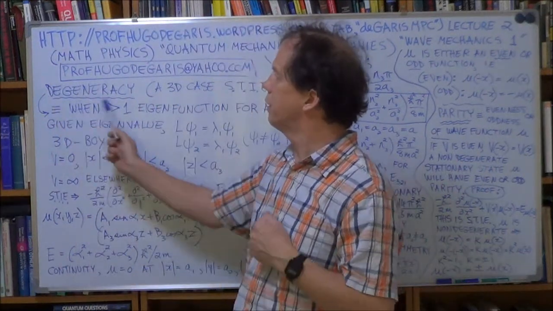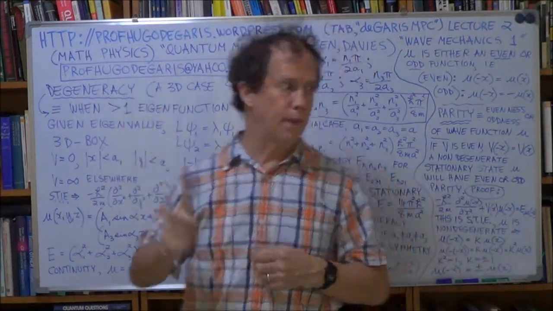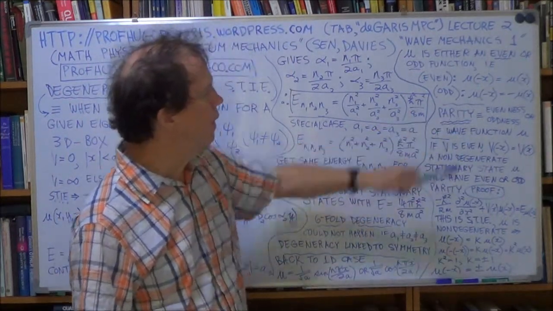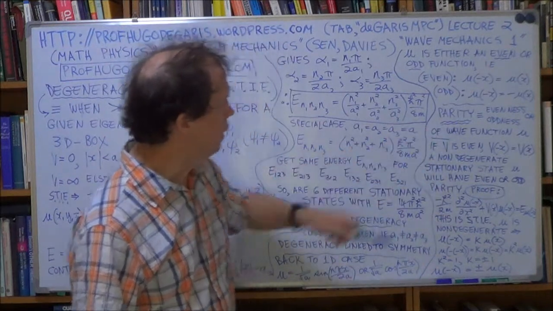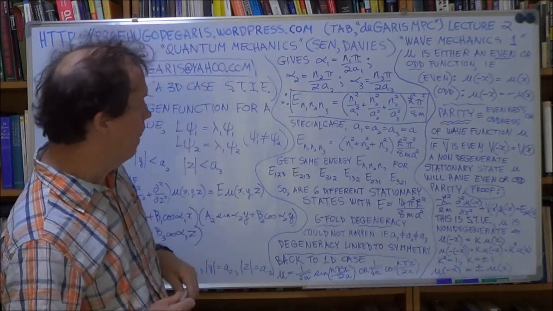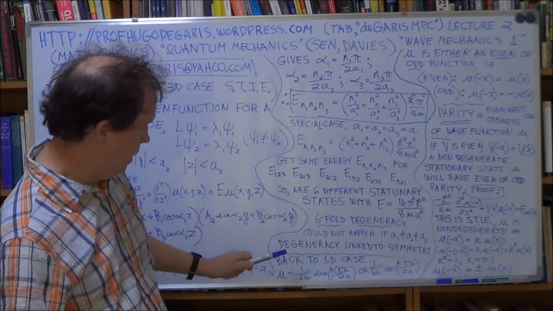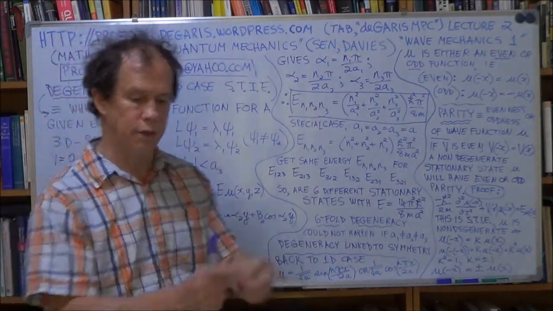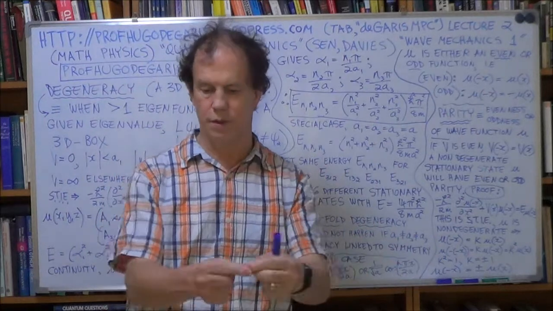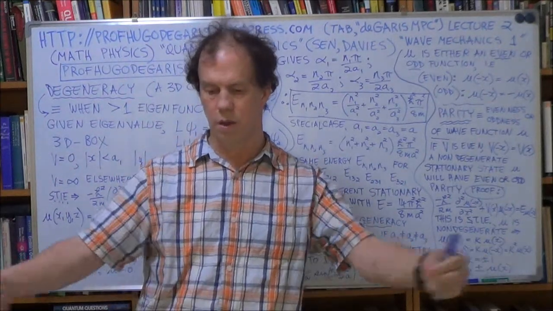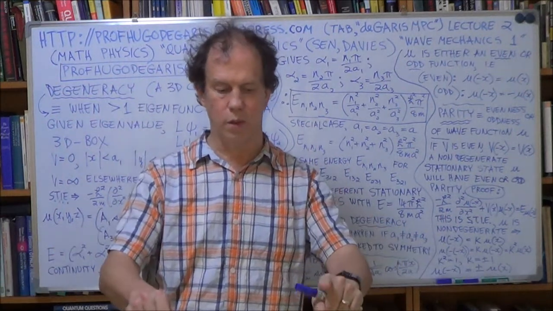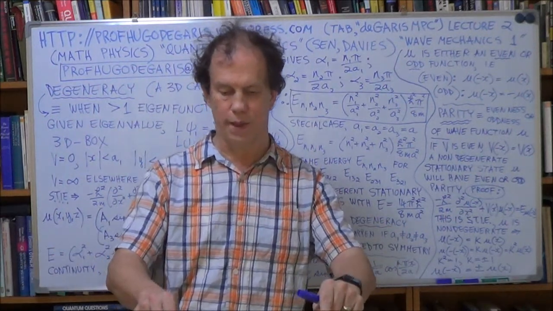One we've done already, degeneracy, and this second one, a new one, is called parity. And I'll get onto that in a minute. All right. Okay, so now let's go back to the 1D case. So instead of talking about a box, we're now back to just a region along a one-dimensional line along the x-axis, say. So between minus a and plus a, let's say.